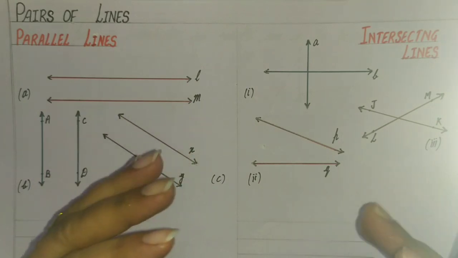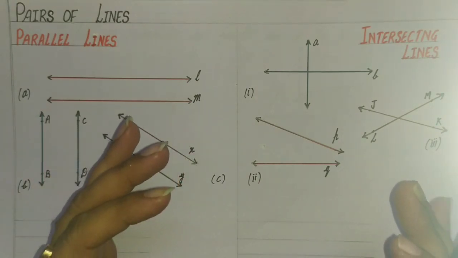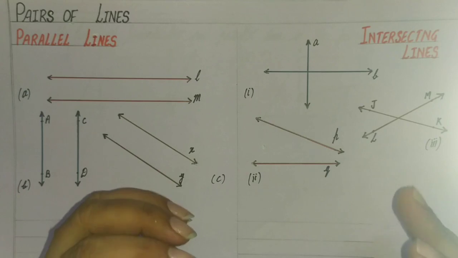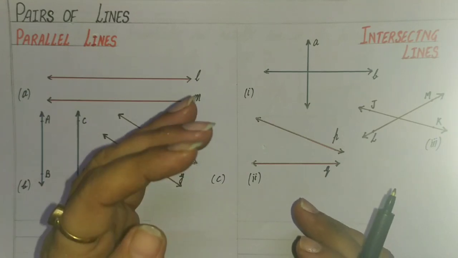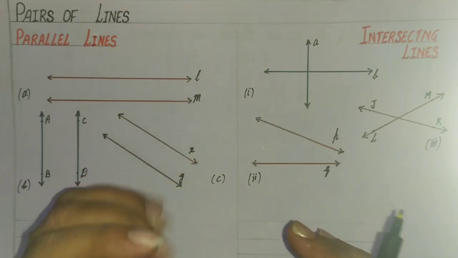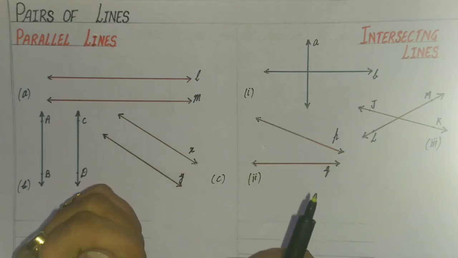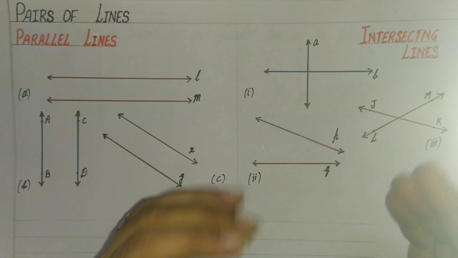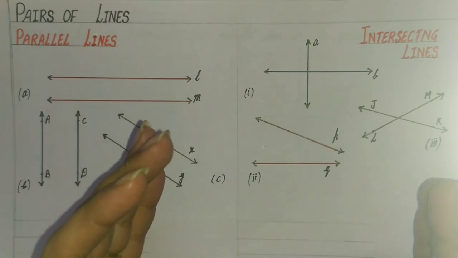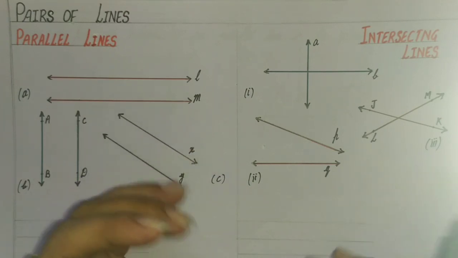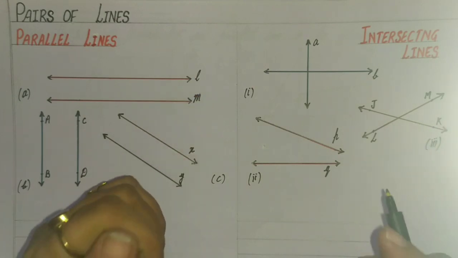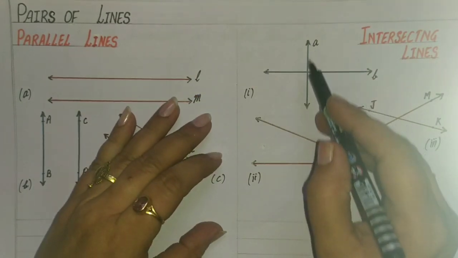Two lines given in the same plane are said to be intersecting if they cross each other. Whether they cross each other at an angle of 90 degrees or any other angle, these are called intersecting lines. Now have a look at the figure given here.